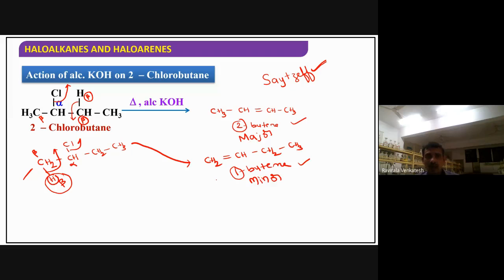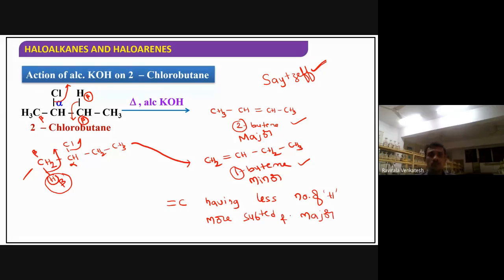On the double bond carbons, whichever has fewer hydrogens is more substituted, and that one will be the major product. So, the double bond carbon having fewer hydrogens is more substituted and is also the major product here.